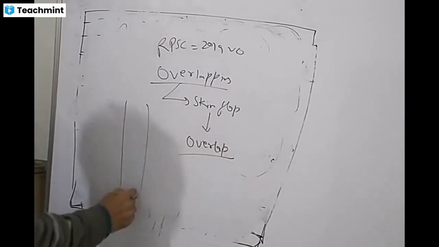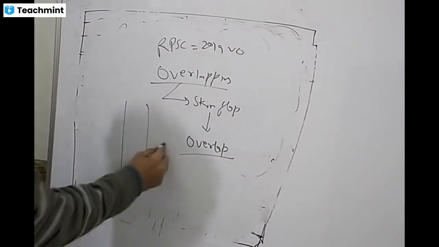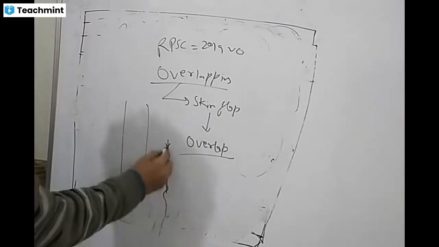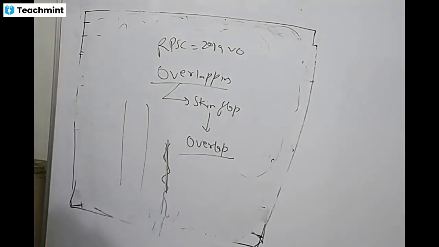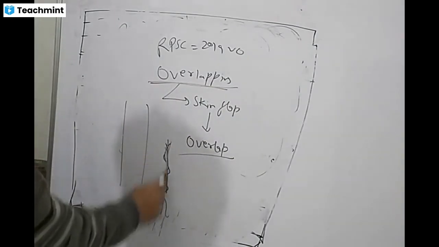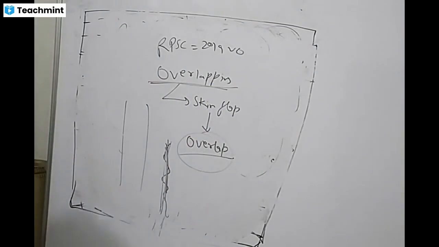Suppose these are the two edges before suturing. After suturing, they come near to each other and they overlap one above the other. So the final appearance of the edges will be like an overlap.